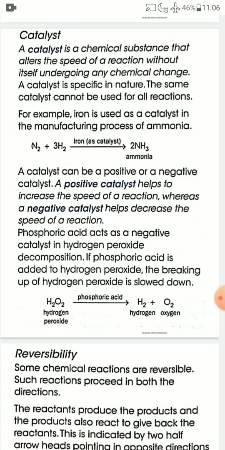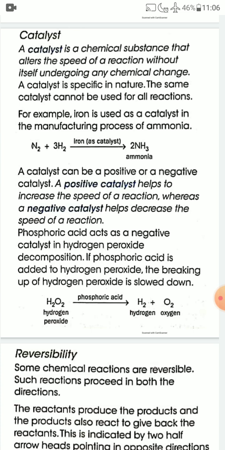That means a catalyst can increase or decrease the speed of a chemical reaction. There are two types of catalyst. One is positive catalyst, another is negative catalyst. A positive catalyst increases the speed of the reaction, whereas the negative catalyst decreases the speed of the reaction.